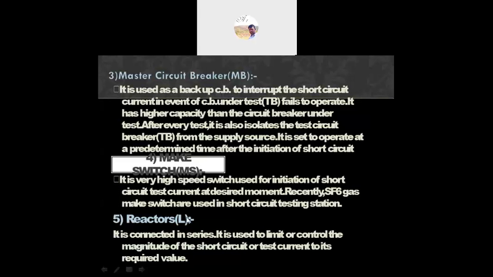It limits and controls the magnitude of the short circuit current, the magnitude being the amplitude value. If the values are connected in series, the short circuit current test is also conducted under the same values.